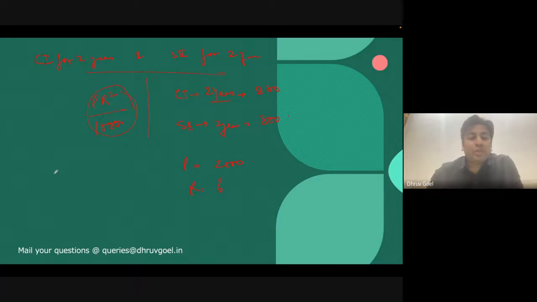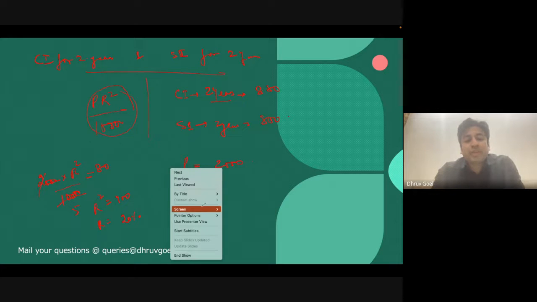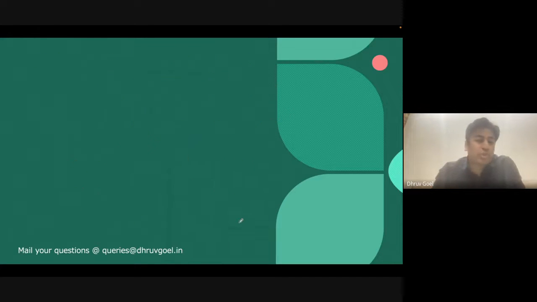So here we know that P is equal to 2000, R squared is what we simply have to find, and the difference is 80. If I try to solve this, I get R squared is equal to 400, and the value of R is equal to 20%. Correct? So through PR squared by 10,000, I'm able to solve the question a little faster.